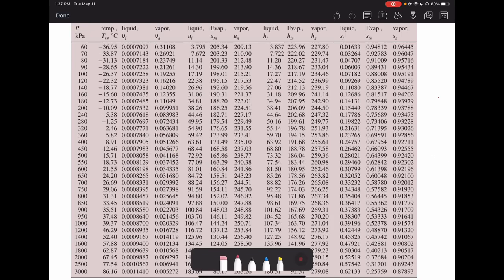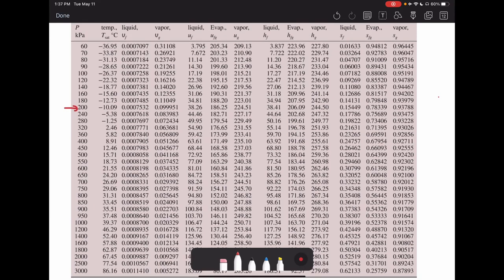And we're told that we have a pressure of 200 kilopascals, so we're going to go to this line right here. Since we have a specific volume of 0.07, we're going to compare that specific volume and figure out if we're within the saturated mix region or outside.